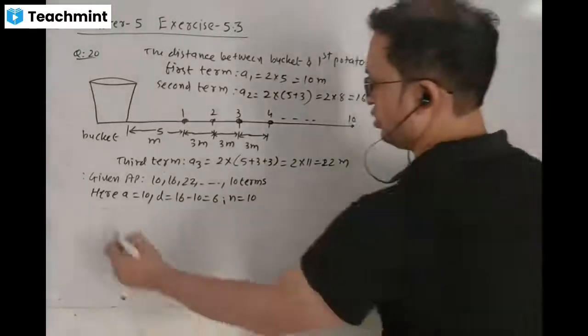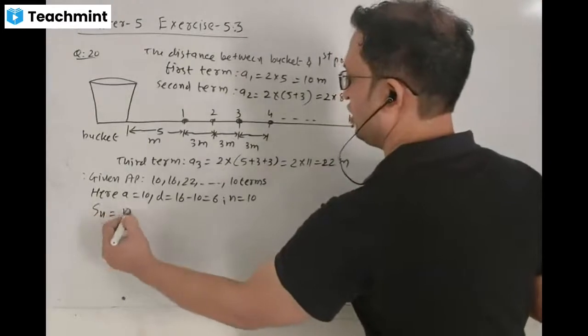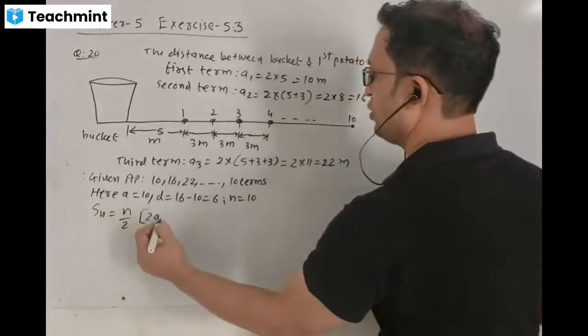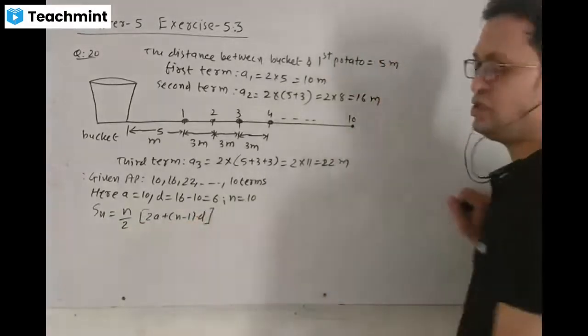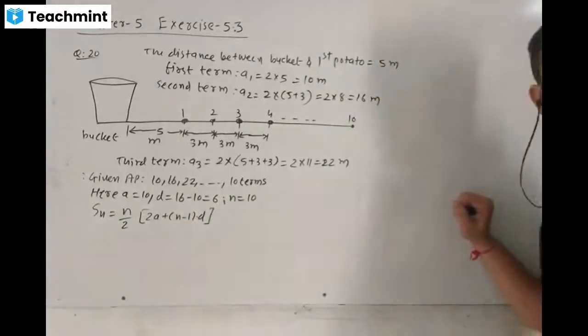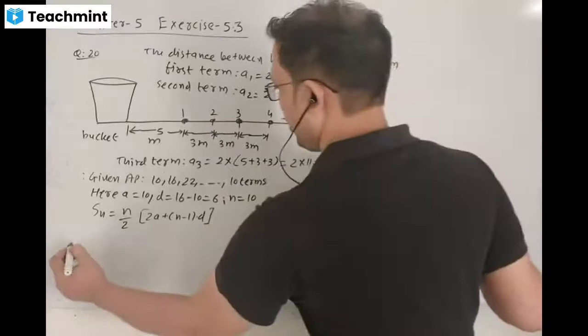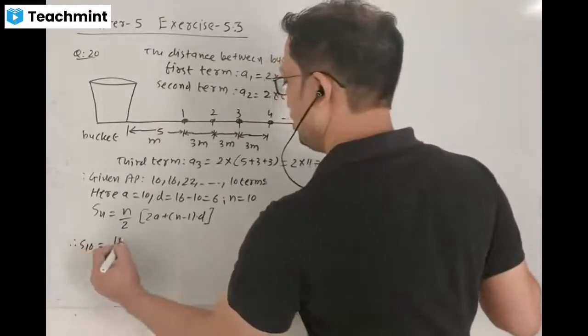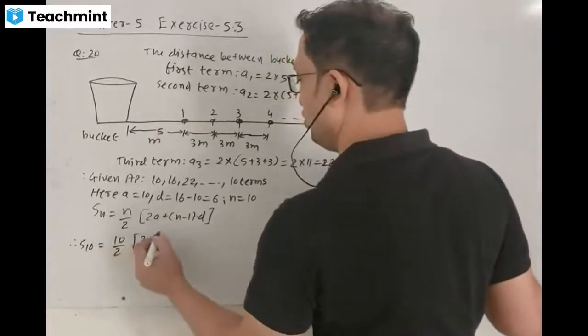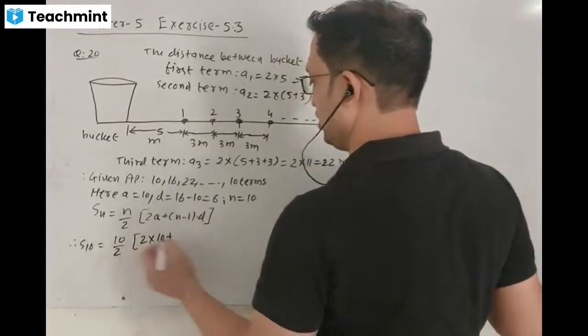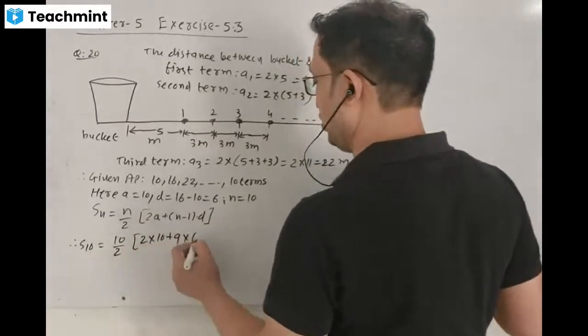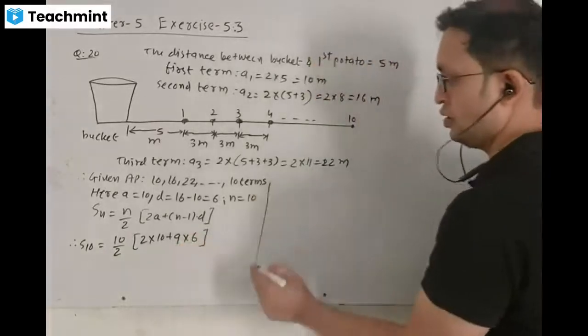Sn is equal to n by 2 into 2a plus (n minus 1) into d. Put n is equal to 10, a is equal to 10 and d is equal to 6. Therefore S10 is 10 by 2 into 2 into 10 plus (10 minus 1), 9 into 6.